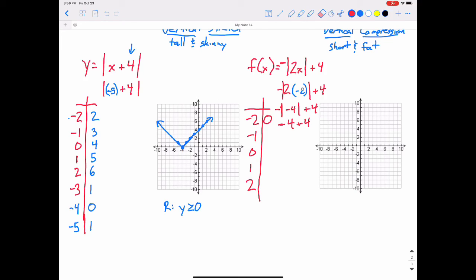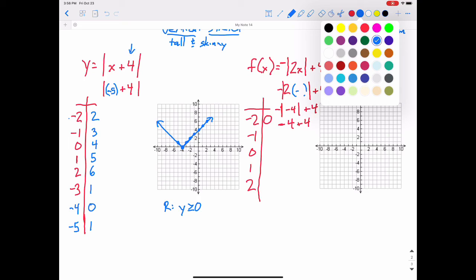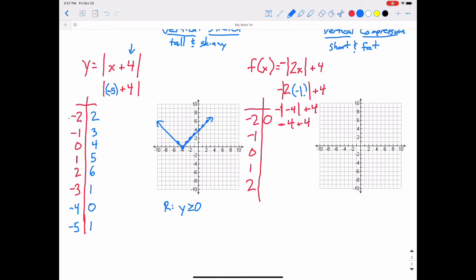And then we plug in negative 1. So negative 2 times negative 1 is negative 2.